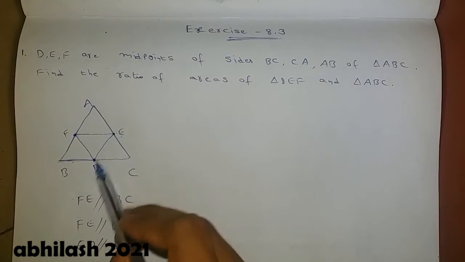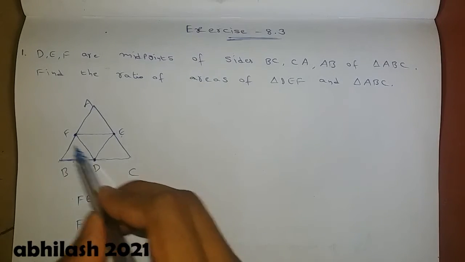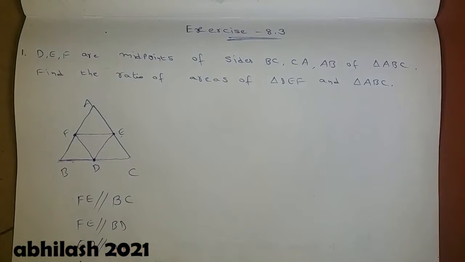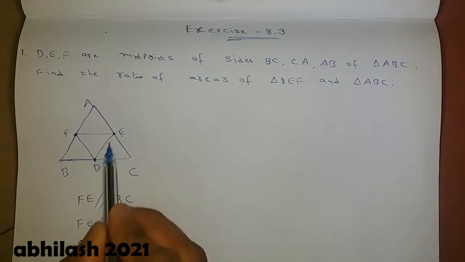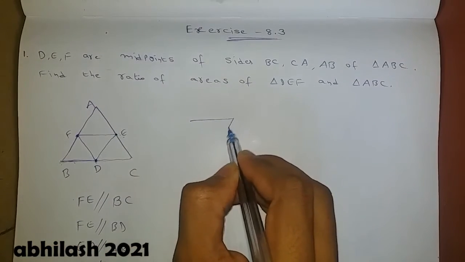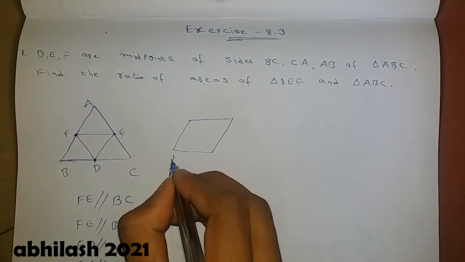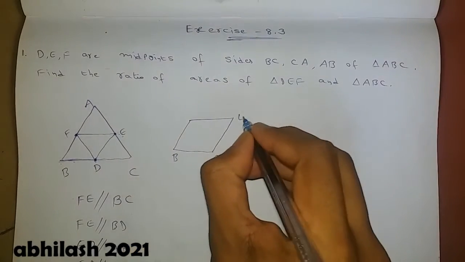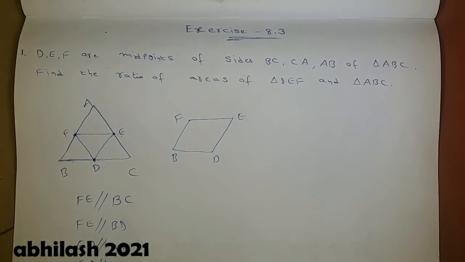If ED is parallel to the total line AB, then ED is parallel to BF. So now I am drawing this BDEF quadrilateral here.